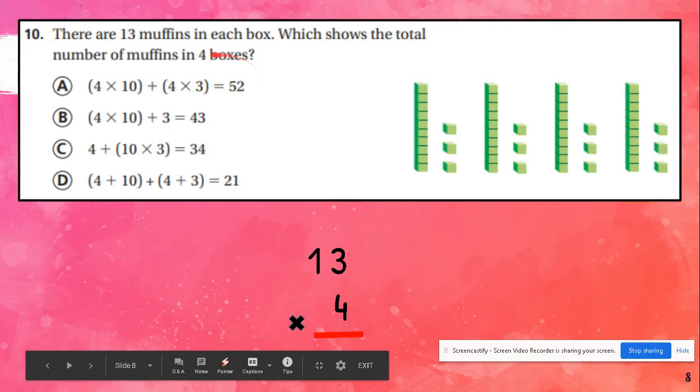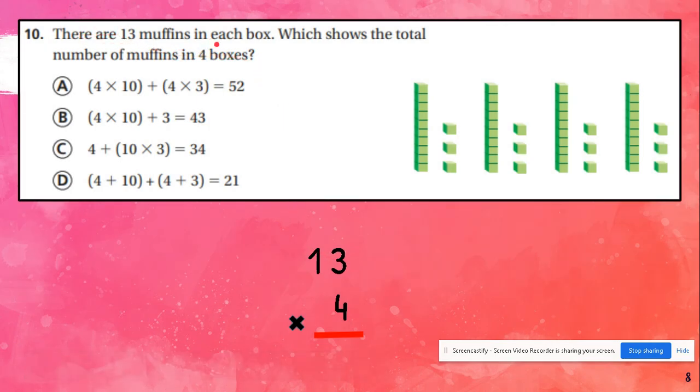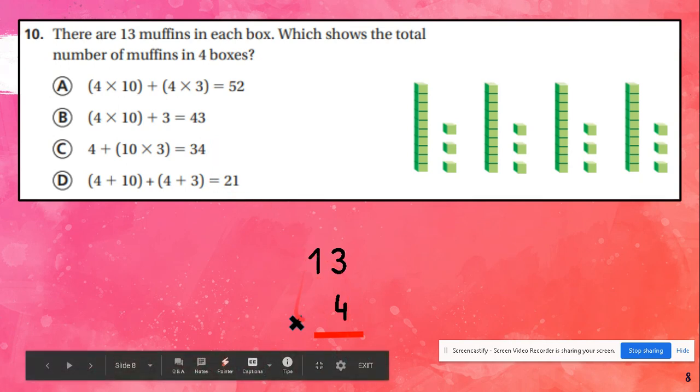Number 10. There are 13 muffins in each box, which shows the total number of muffins in 4 boxes. So what they did here is they drew a picture. 13, 13, 13, 13. Repeated addition. You can count your units to find your answer. Or you can multiply 13 times 4.